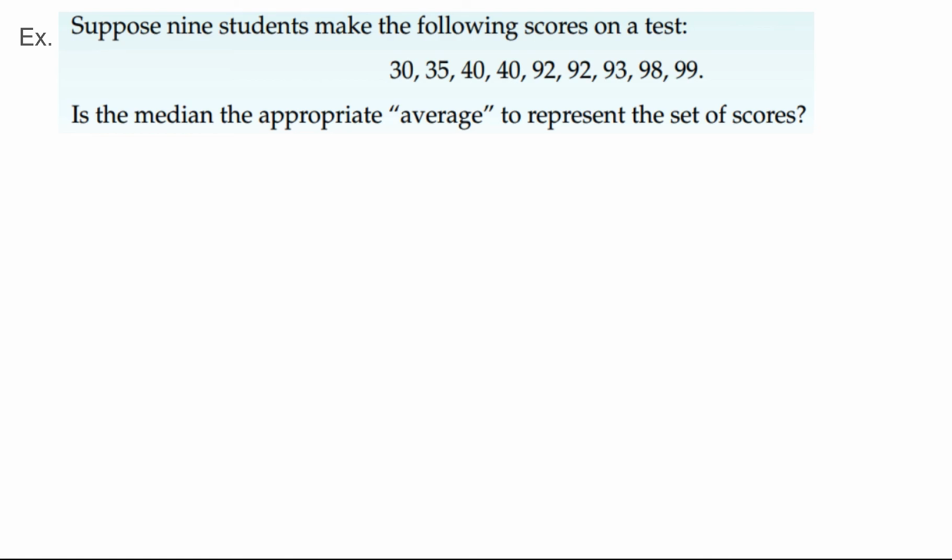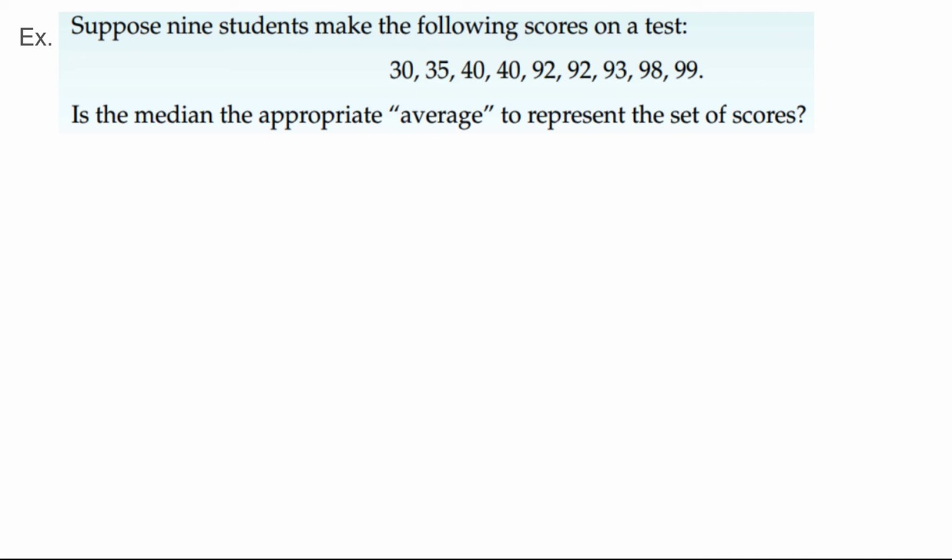Suppose 9 students make the following scores on a test: 30, 35, 40, 40, 92, 92, 93, 98, and 99. Is the median the appropriate average to represent the set of scores? So do you think the average is a good measure to find the center?